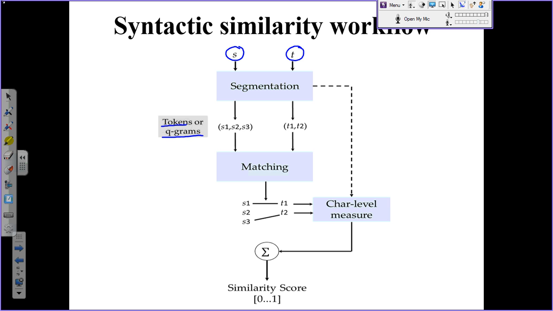Tokens or qgrams, the different strategies. Tokens pretty much try to find the words, usually separated by space, but they can also be comma, semicolon, dash, or whatever. If you consider a web page and look at the title, it can be any content, but there are words that can be found there.